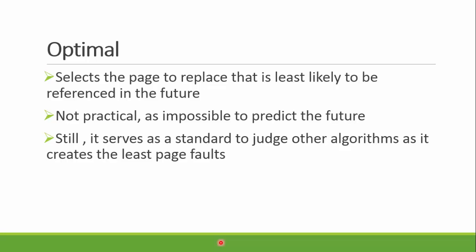But as you can imagine, it's not possible because we don't know what's going to happen in the future, which pages will be called, which will be in demand. It is impossible to predict the future, so this scheme is not practical. But still it serves as a standard for other algorithms, as it gives the minimum page faults.